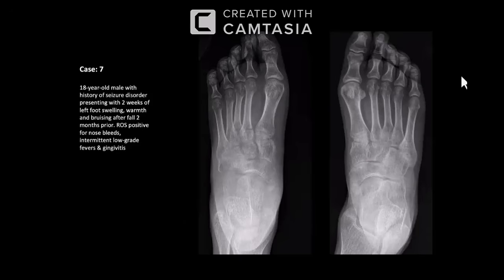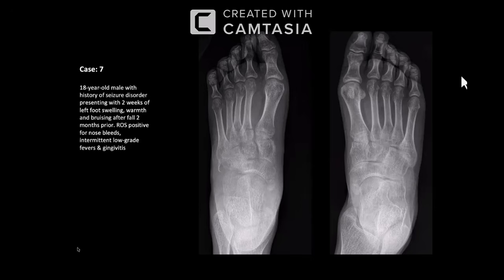I cannot see any bony particles within the joints. But still my main differentials are disuse osteopenia, or it could be a Charcot joint, given the history of foot swelling and warm foot.